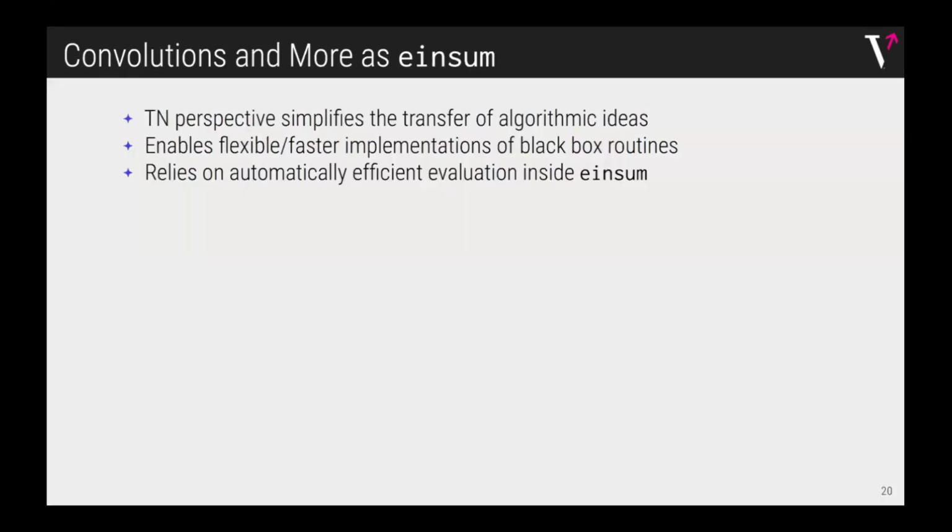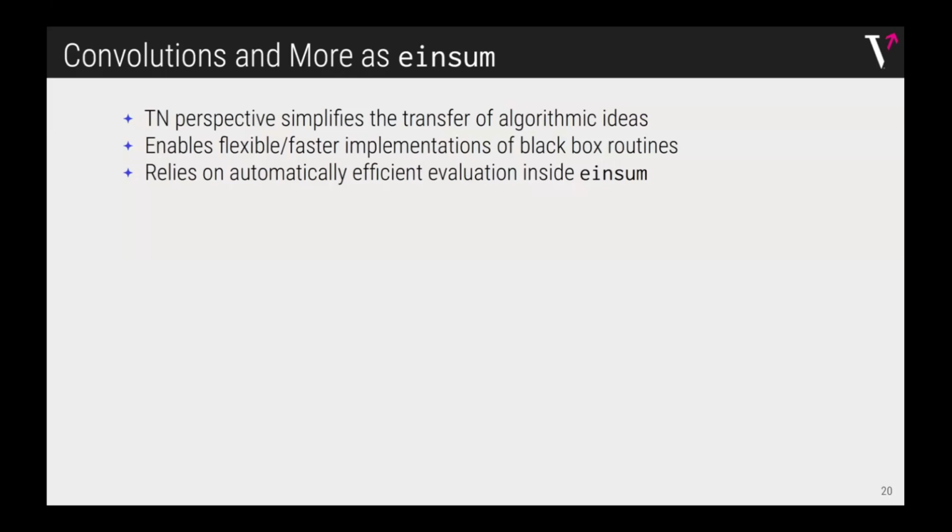I want to quickly conclude and hope that I convinced you that, A, tensor networks are really cool. You should use Einsum in your code. Thanks to this approach, we have a lot of methods like vector-Jacobian products, Jacobians, and Hessians, which we can work with just as Einsums, just using Python, because usually those methods are written in some low-level language like CUDA, which makes them really hard to modify.